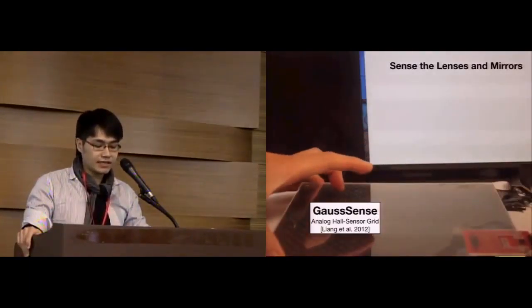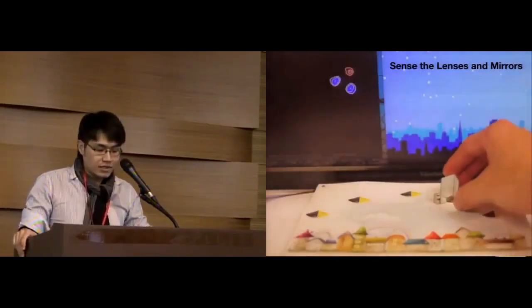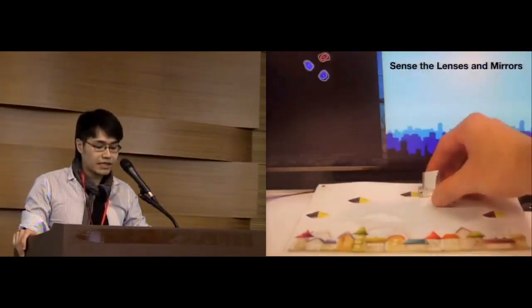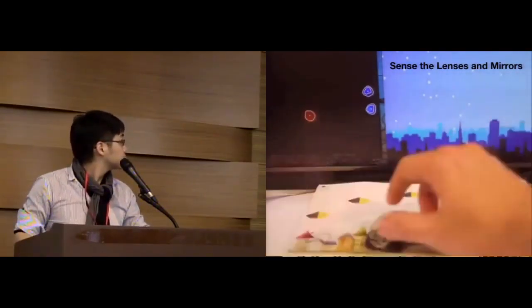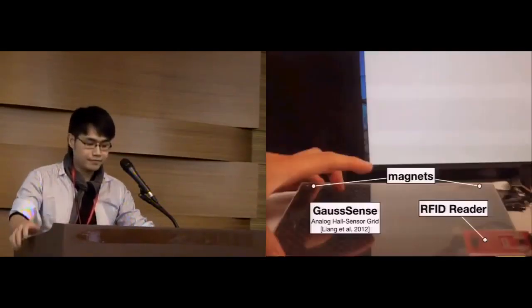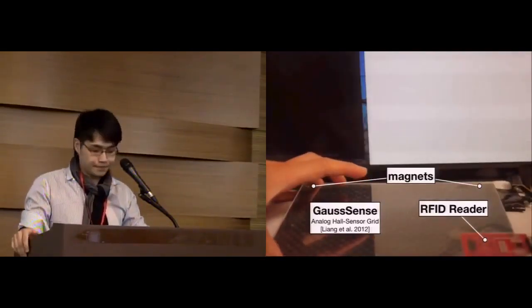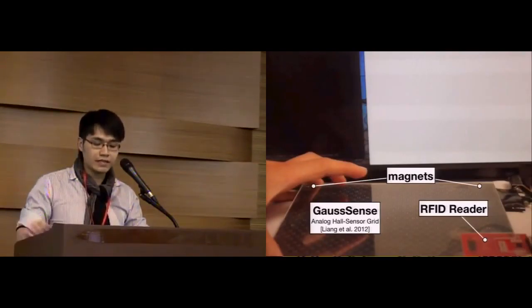To sense the magnetic lens and mirrors, we use GaussSense, the thin-form analog Hall sensor grid, as a sensing platform. The GaussSense senses multiple magnetic lenses and mirrors through the paper. For detecting paper, we mount an additional RFID reader and 2 small magnets on the sensing platform.